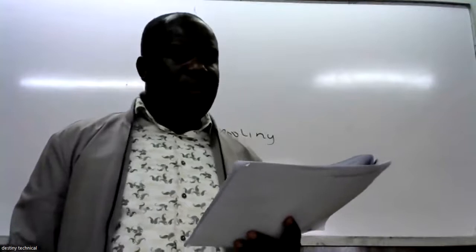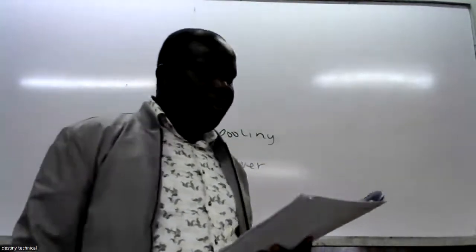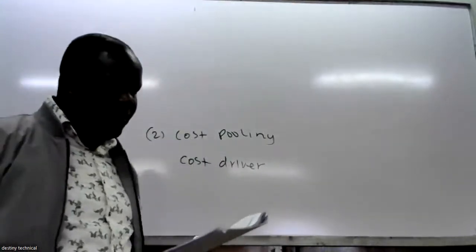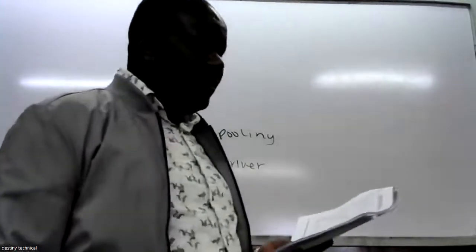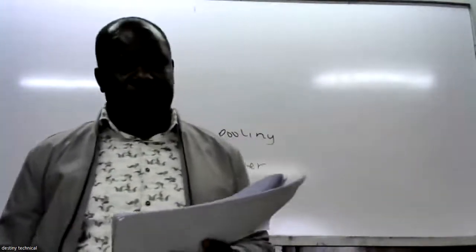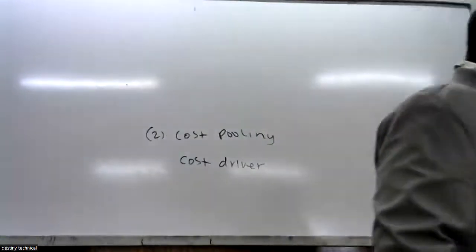Total overheads amounting to shillings 720,000 were charged for the last quarter of the financial year ended 31st December 2018. Details of the 3 products for the period September 2018 to December 2018 are as follows. You have been given product A, product B, and product C.